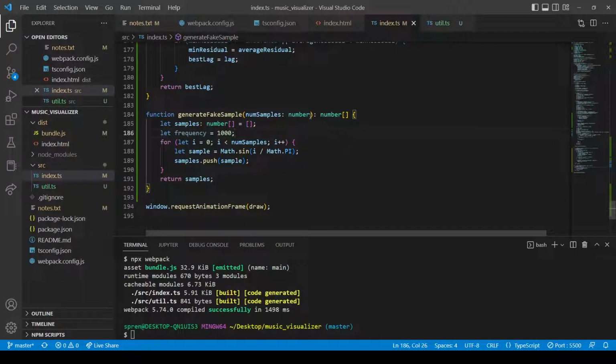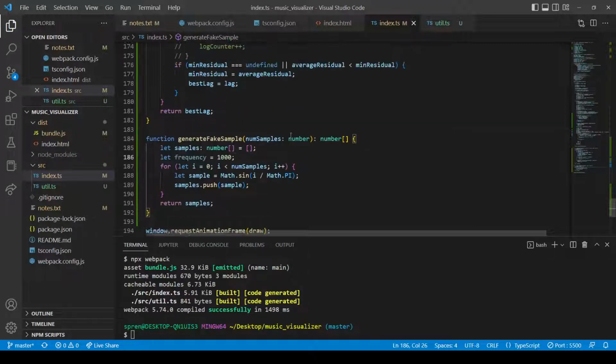Oh geez. Right, we have the sample conversion problem again.